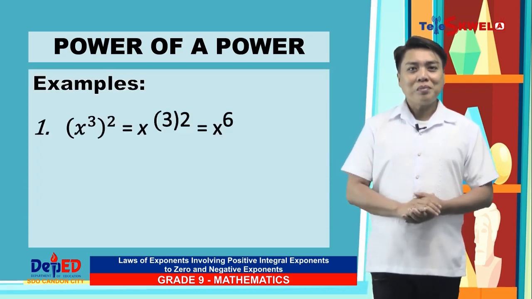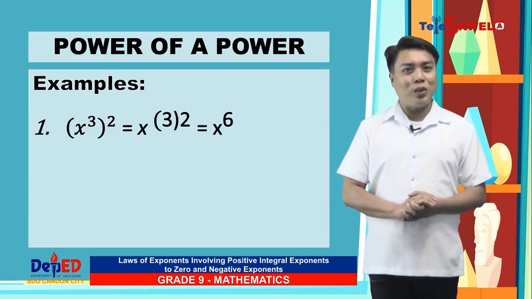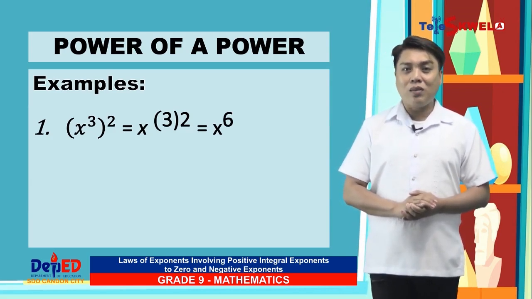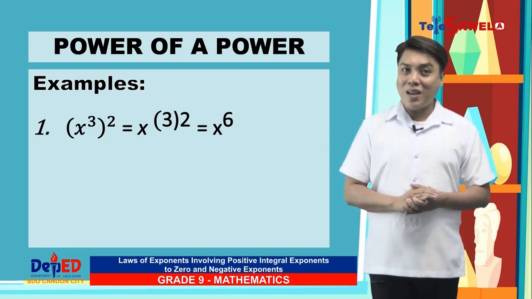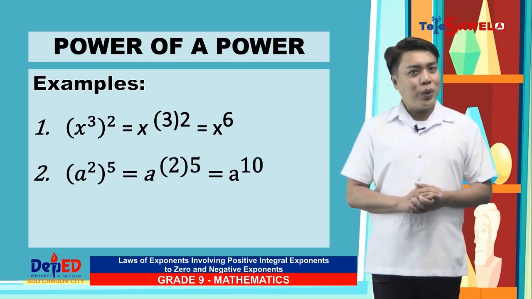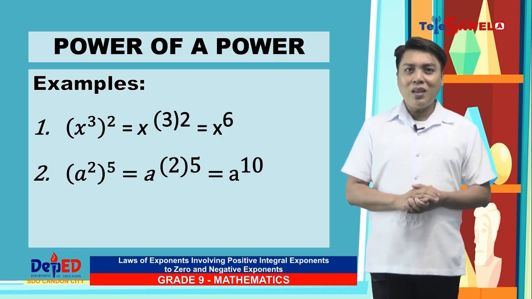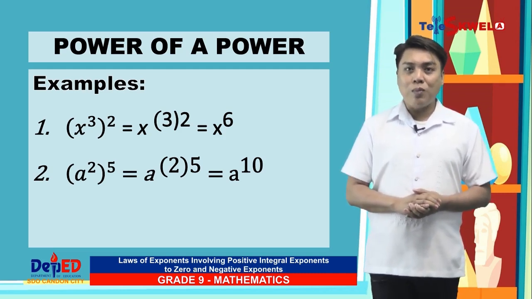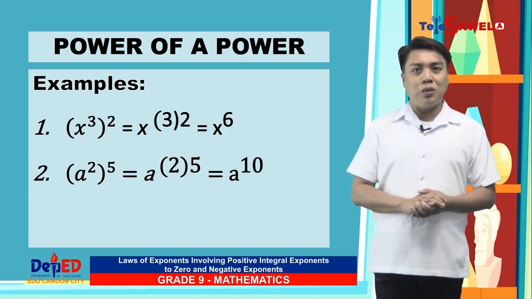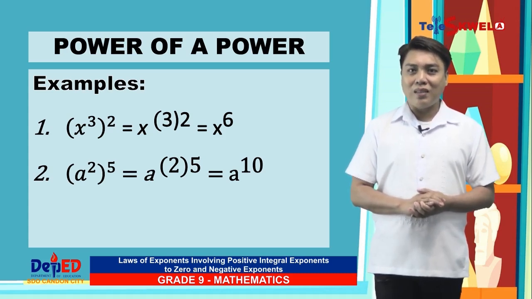Number 1. The quantity x raised to the third power raised to the second power is equal to x raised to 3 times 2, is equal to x raised to the sixth power. Number 2. The quantity a raised to the second power raised to the fifth power is equal to a raised to 2 times 5, and that is equal to a raised to 10.